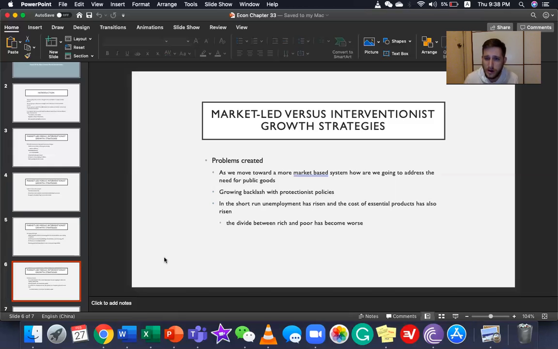But we all know that there is some level of responsibility that a government has. Government has to correct market failure. The government has to provide public goods. So the government has a responsibility.